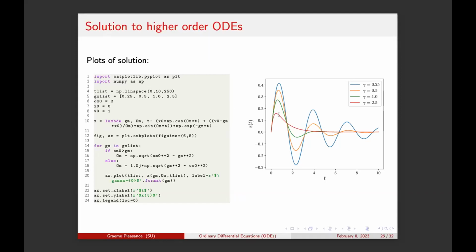hand side the plots are slightly different, but we still exhibit similar behavior, where in the underdamped regime we have sinusoidal oscillations, and then as we enter the overdamped regime corresponding to this red line, these oscillations disappear.